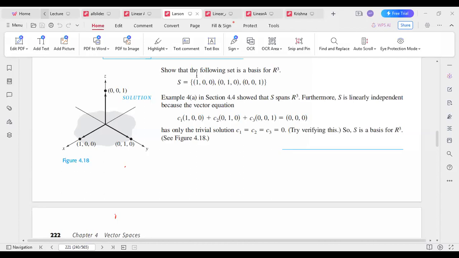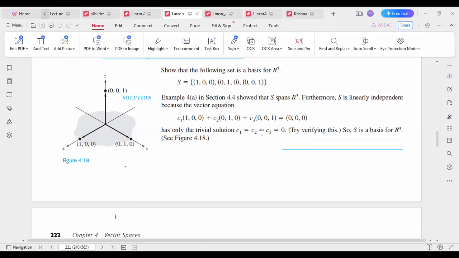For example, show that the following set is a basis for R3 space. Suppose S equals (1,0,0), (0,1,0) and (0,0,1); this is the geometrical figure for these three vectors. So S is linearly independent because the vectors can be written as a linear combination, and we can easily solve where c1 equals c2 equals c3 equals 0 because all scalars are 0.